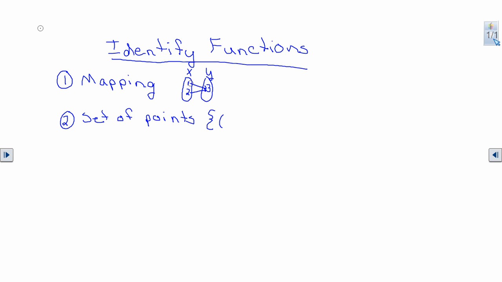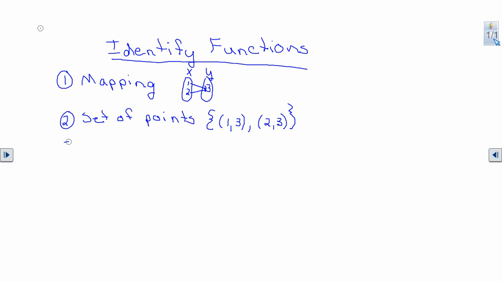Here it says 1 goes with 3. 1 is my X, it comes first in a coordinate pair, and 3 is its match, its output. My next point would be if X is 2, I'll get a 3. I only have 2 points in that relation. That's a really weird looking little function, I'm sorry.